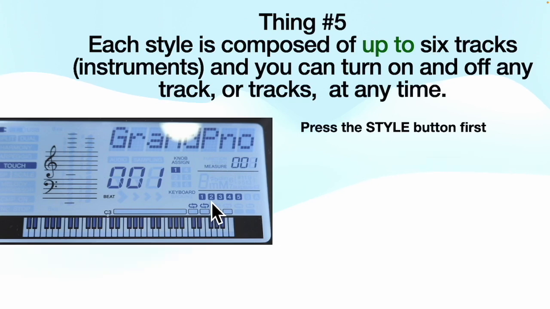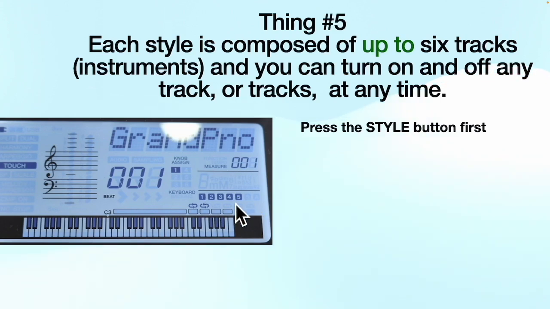In this case, 1, 2, 3, 4, and 5. This tells me of the 6 possible tracks, this style is using 5 of them. And when they're lit up like this, that tells you that the track is turned on. So in this case, track 6 has been eliminated. There is no instrument, no sound in track 6.